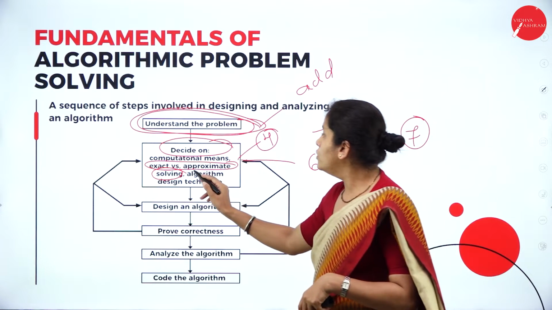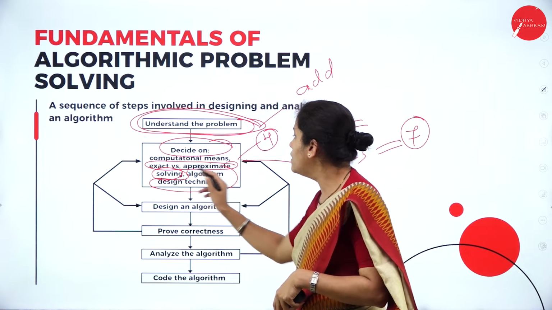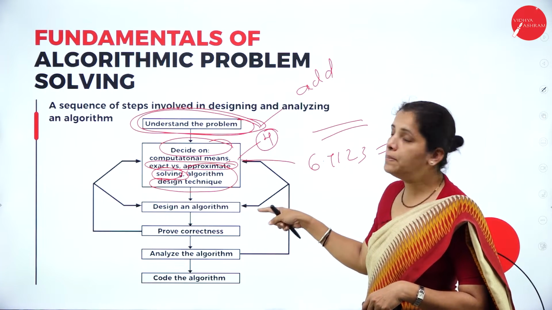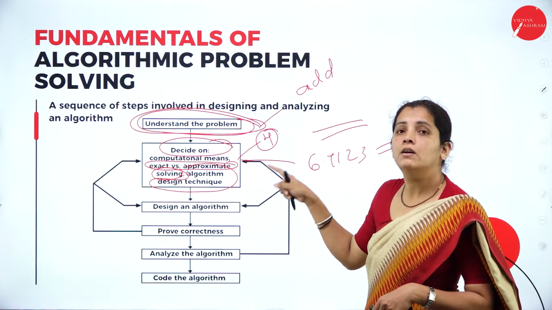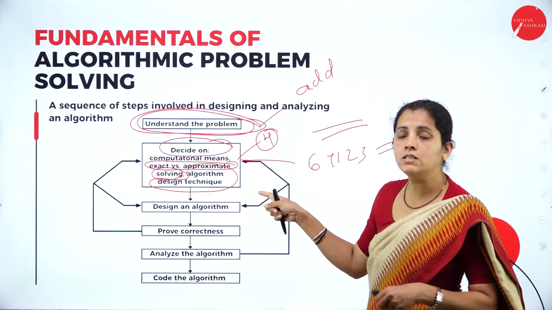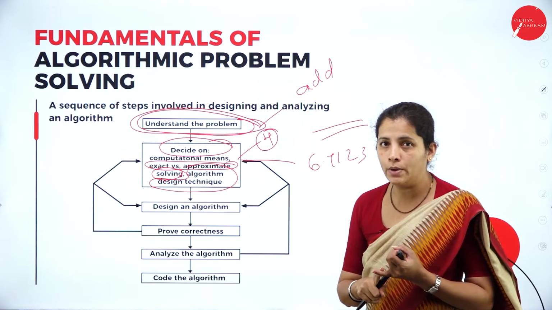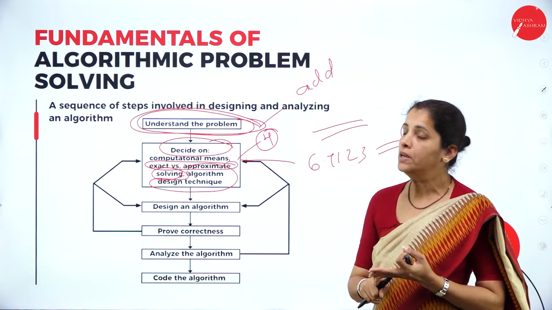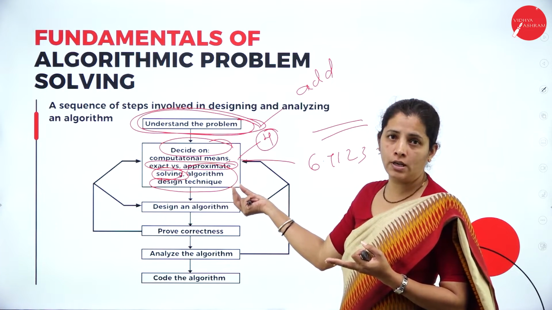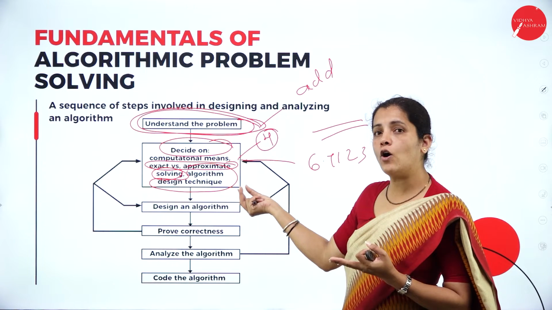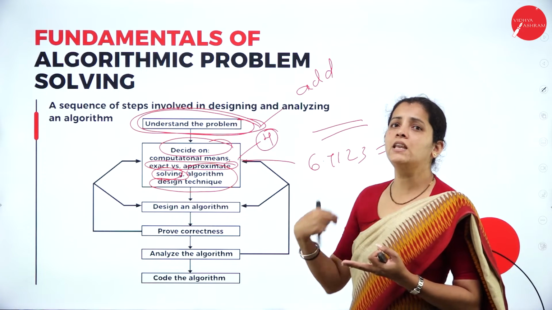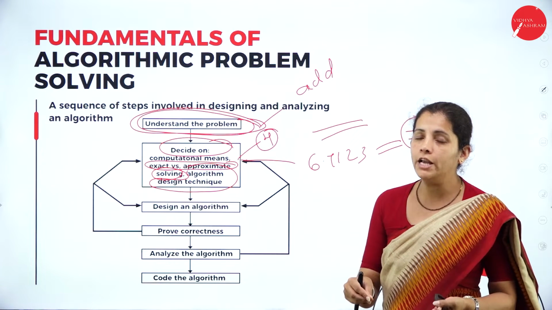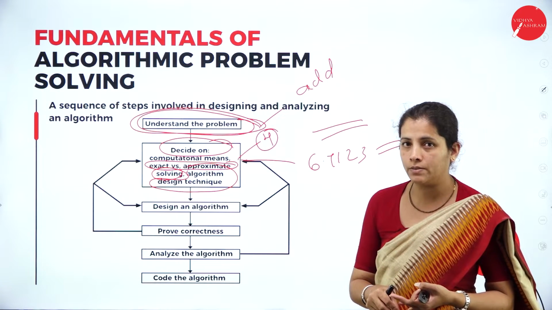Next, you must have an algorithm design technique. An algorithm can be designed in 3 ways: using natural language, using pseudocode, and flowchart. If I go with natural language to design an algorithm, it is easy. Anyone can very easily understand natural language, that is nothing but the English language.